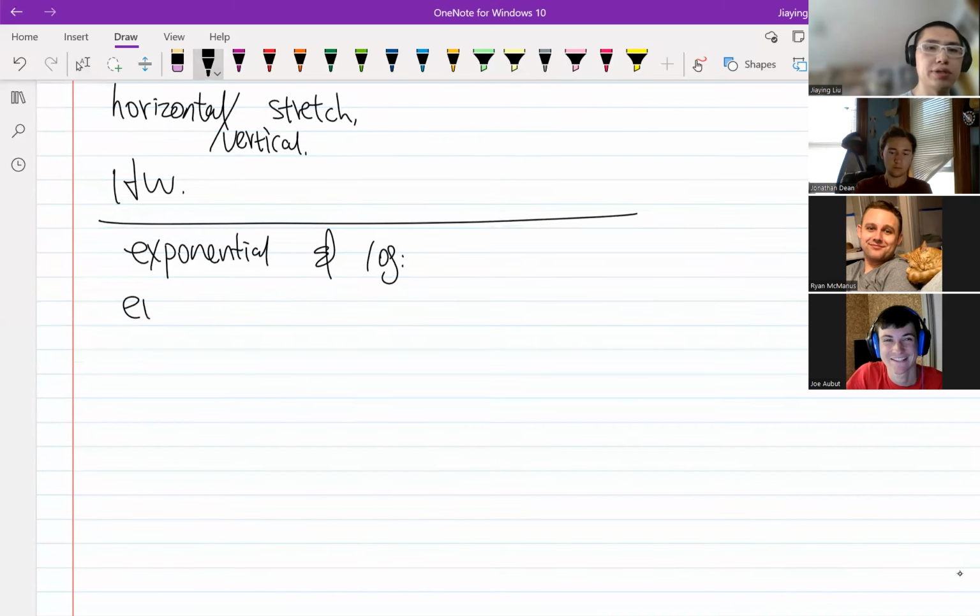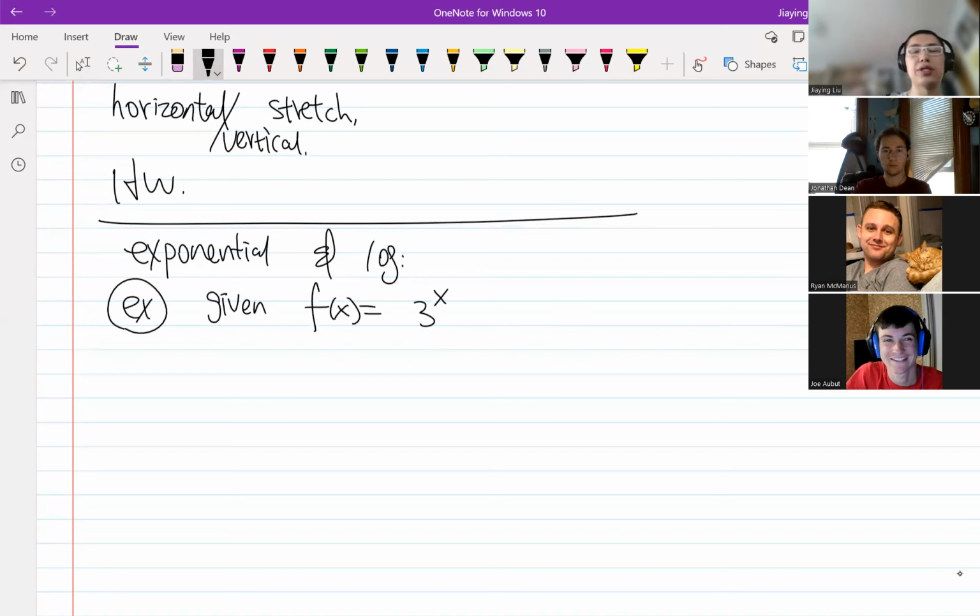Suppose we are given that f of x is equal to, let's just say, 3 to the x, and a is 1 in this case. Then we're going to transform f of x to get g of x. And g of x is equal to, I'm just going to make it up, negative 1/2 times 3 to the x minus 2.